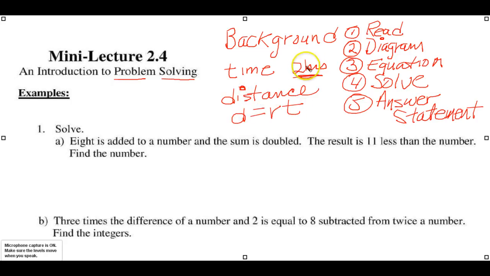So you now have the 2 hours, you multiply by the rate, that would then give you the distance. So in many cases what you end up with is your answer statement. But in some cases like this, if they're asking for distance and you end up with time, you need to look at that carefully and fit it in. Okay, well, let's get started.